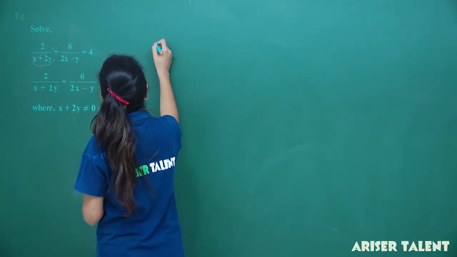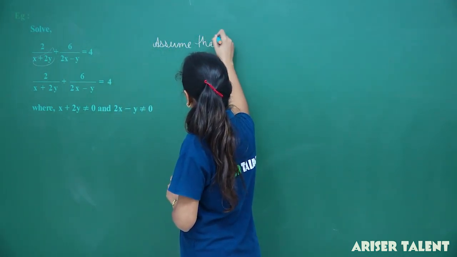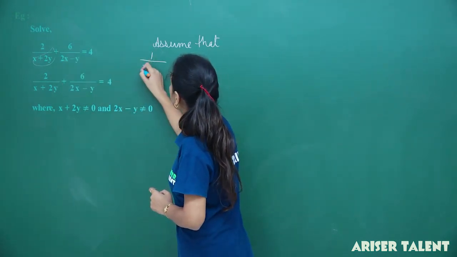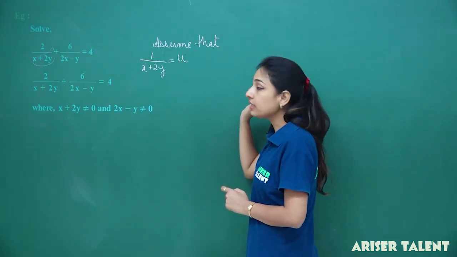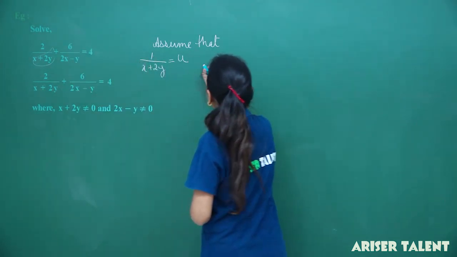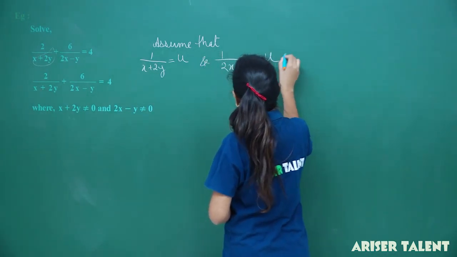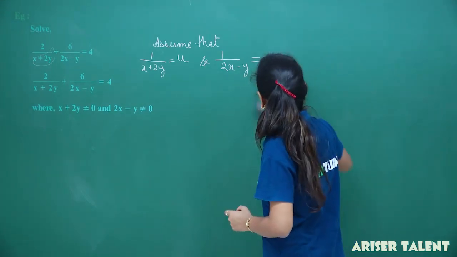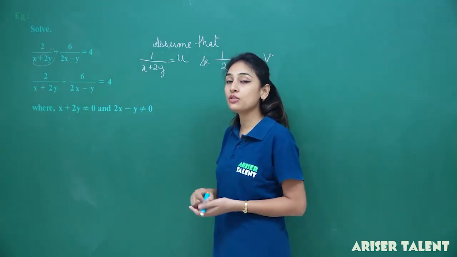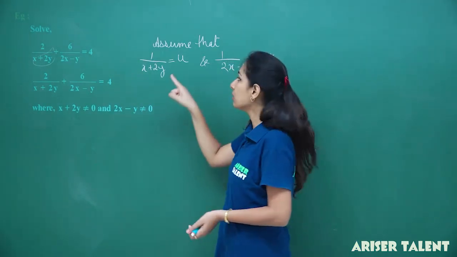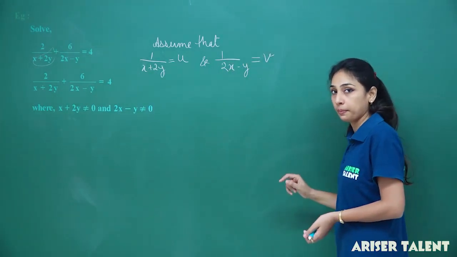I'll assume that 1 upon x plus 2y equals u, and 1 upon 2x minus y equals v. So 1 upon x plus 2y is u, and 1 upon 2x minus y is v.